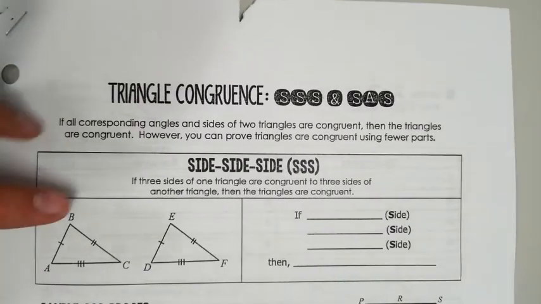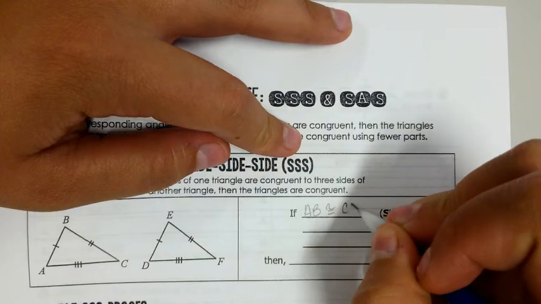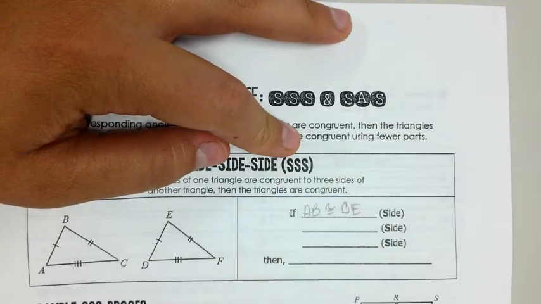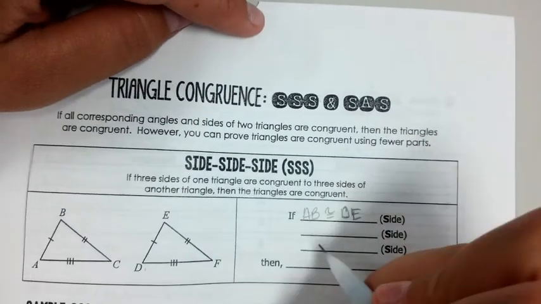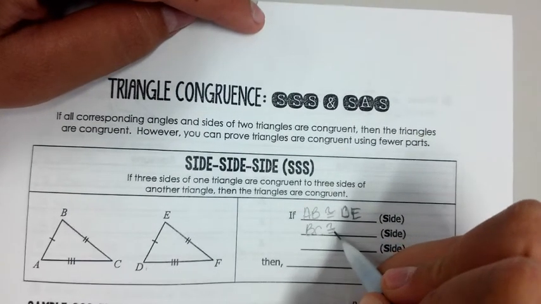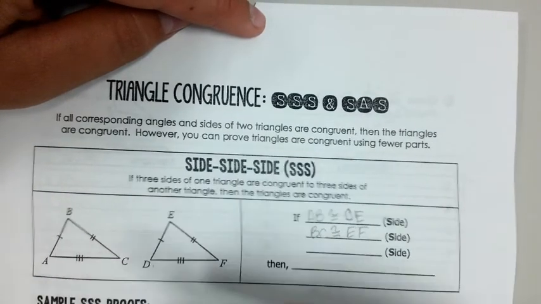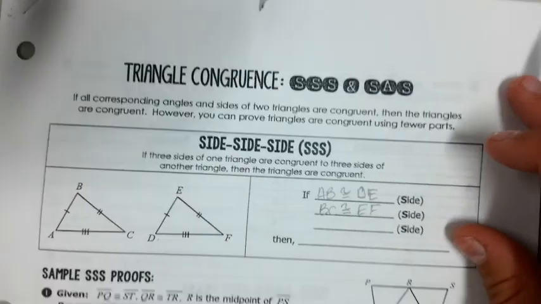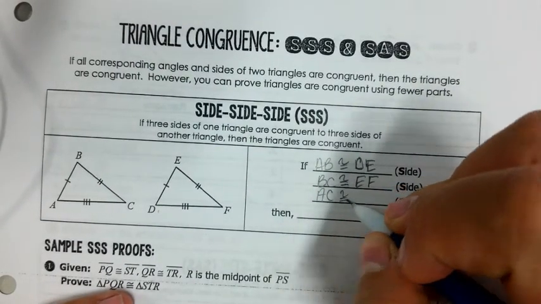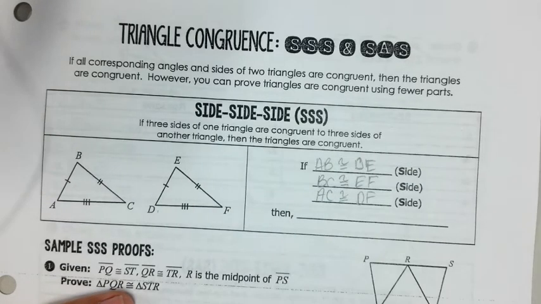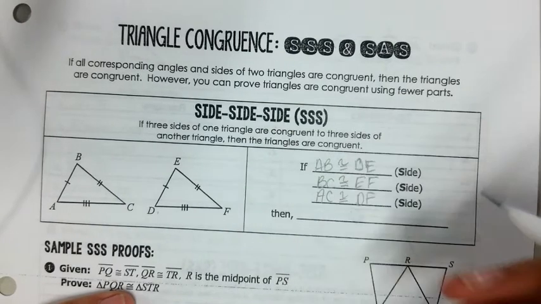Looking at this picture, if side AB is congruent to side DE, because AB and DE are the same length, and BC is congruent to EF, because EF and BC are the same, and AC is congruent to DF, then the two triangles are congruent by, how are they congruent?